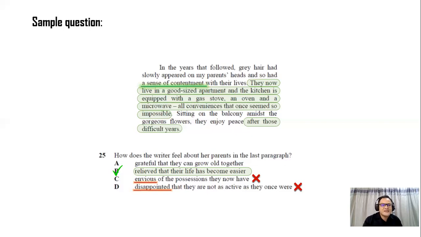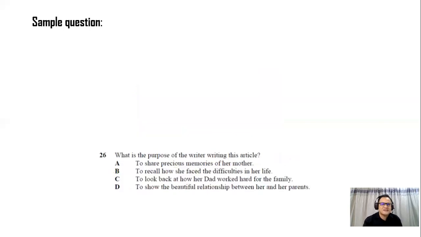And the last question, question number 26. What is the purpose of the writer writing this article? Is it A, to share precious memories of her mother, B, to recall how she faced the difficulties in her life, C, to look back at how her dad worked hard for the family, or D, to show the beautiful relationship between her and her parents?